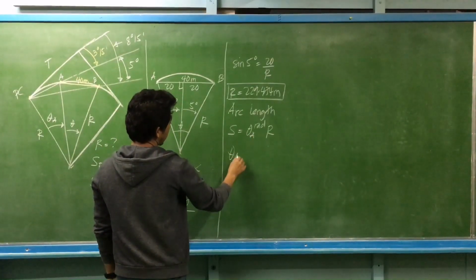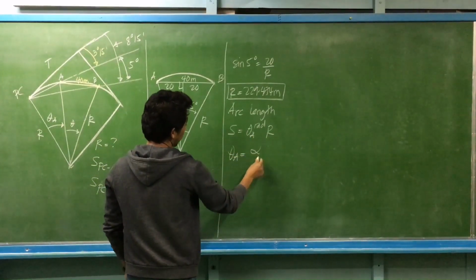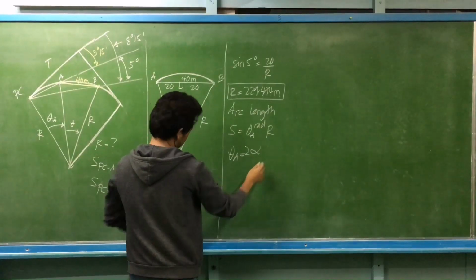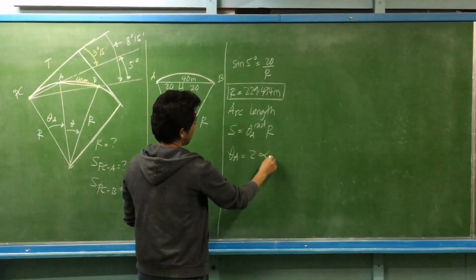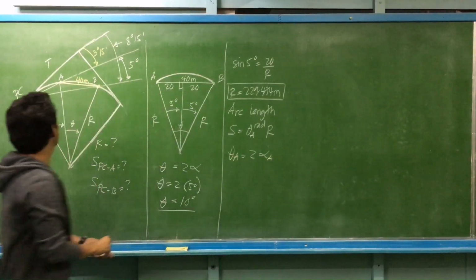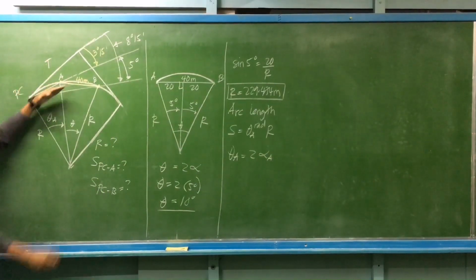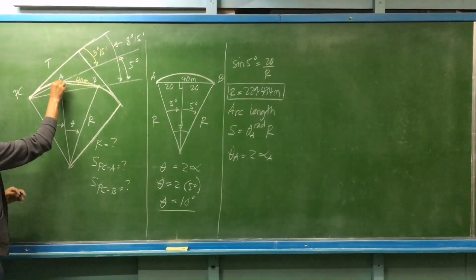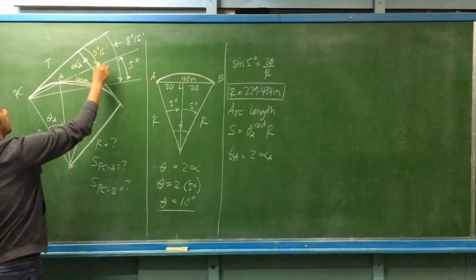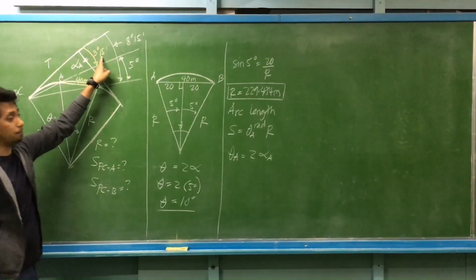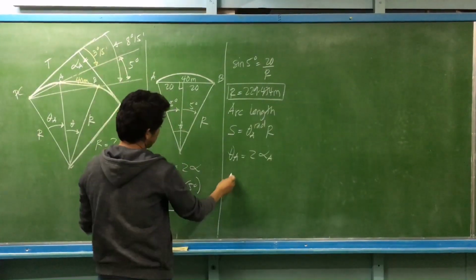So, we have theta A is equal to twice of alpha, or twice of the deflection angle to point A. Ano yung deflection angle papunta kay point A? Our deflection angle towards point A is yung given na 3 degrees 15 minutes.